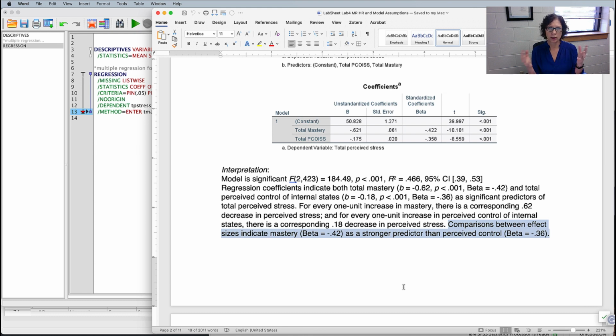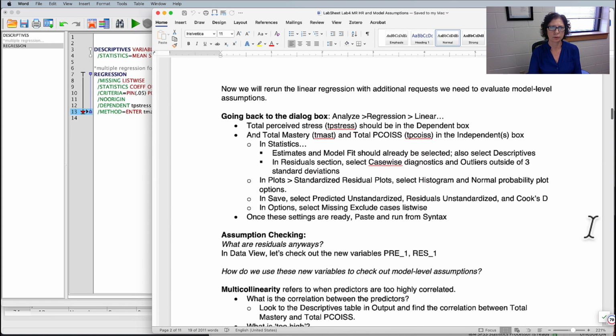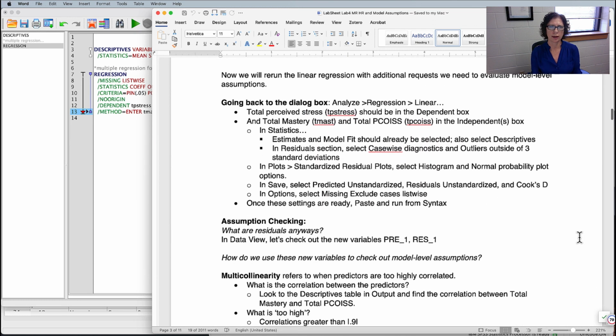So that's how we help go from the output into the write-up and communication. Okay, we're going to move forward here, and we'll go back and run that linear regression, but now we're going to put some extra things in there so that we can evaluate the model level assumptions for this particular model.